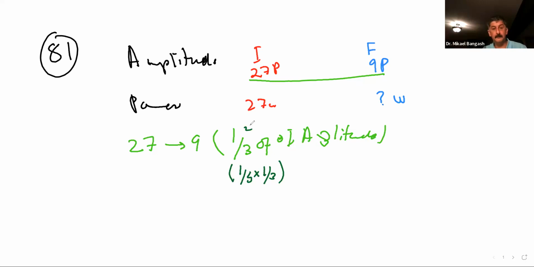And what do you get? 1/9. And to find out what your final power is going to be, you will multiply your initial power by that, because the power is also going to decrease as the amplitude decreased.